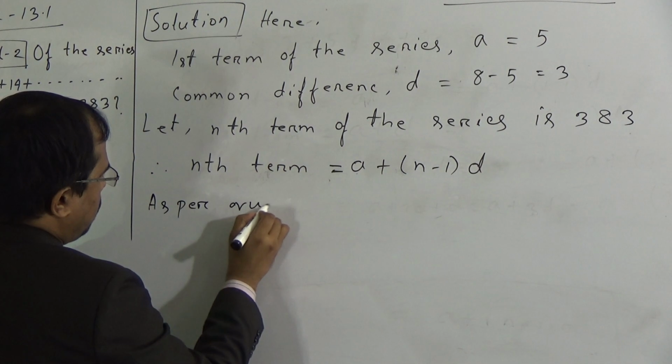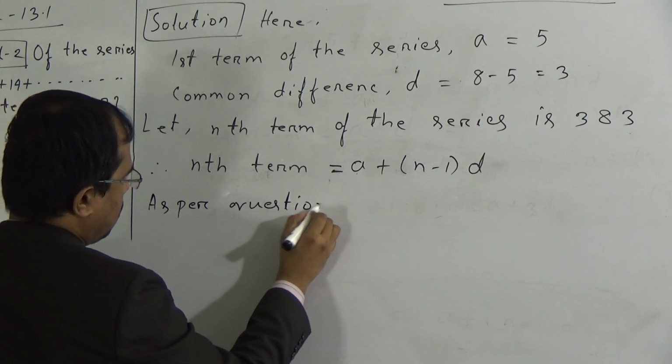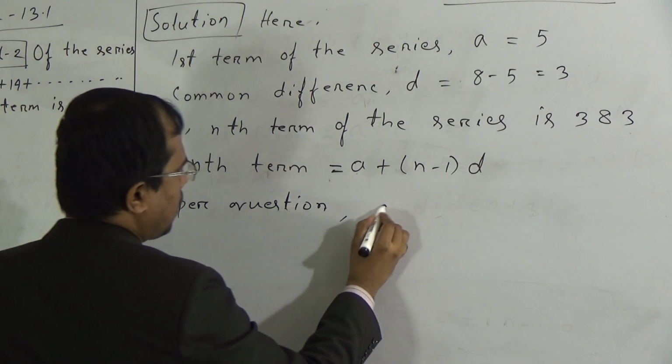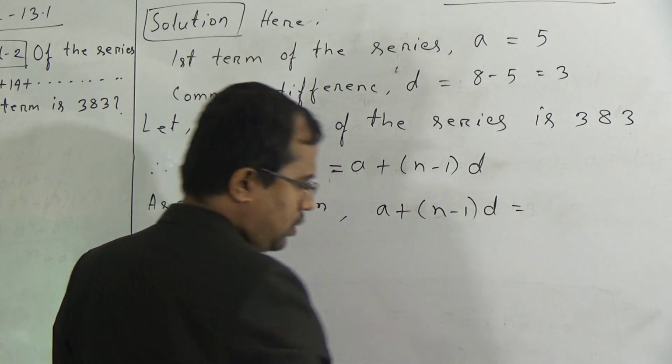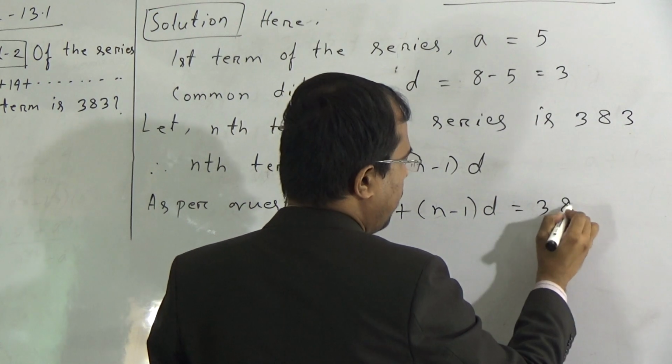As per the question, a plus n minus 1 into d, this is equal to 383.